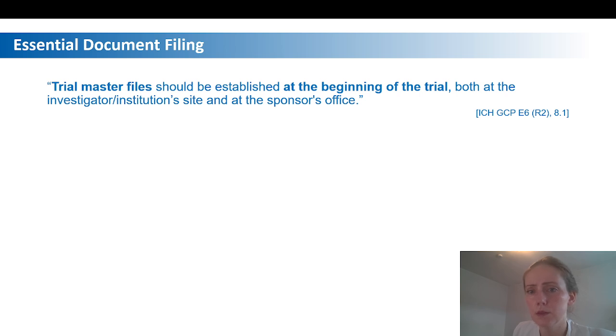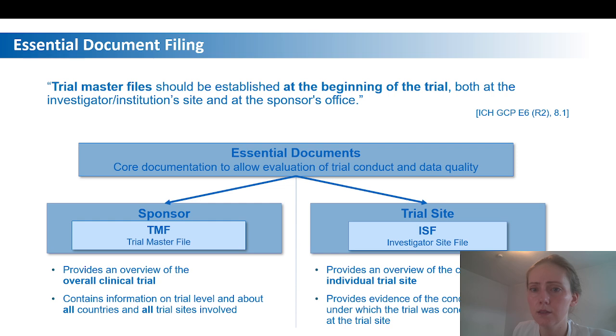The so-called trial master files or investigator site files, in case of the site TMF, can be established using the TMF reference model, which provides a harmonized structure and nomenclature, enabling files for all trials across sponsors and countries to follow a similar layout.